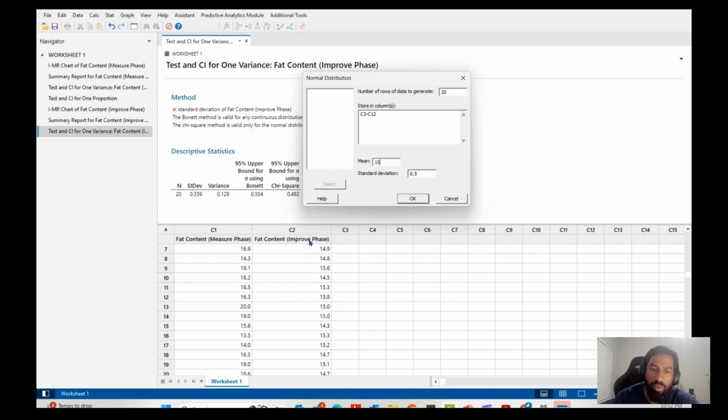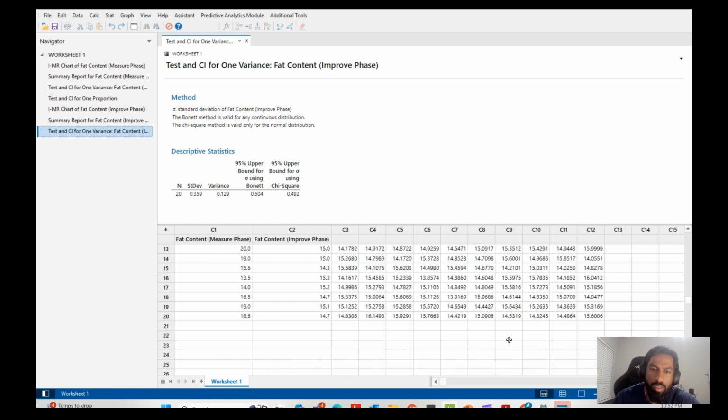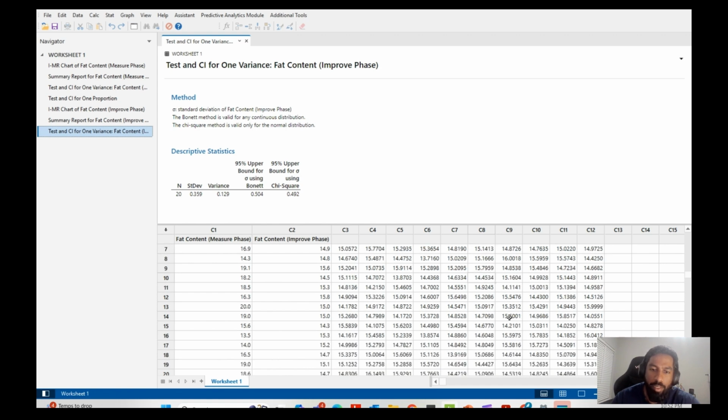And the standard deviation for this sample was also around 0.5, so we can put 0.5 here and hit OK. And that's going to produce 10 more samples from C3 to C12. They're all normally distributed and have a mean around 15 and standard deviation around 0.5.